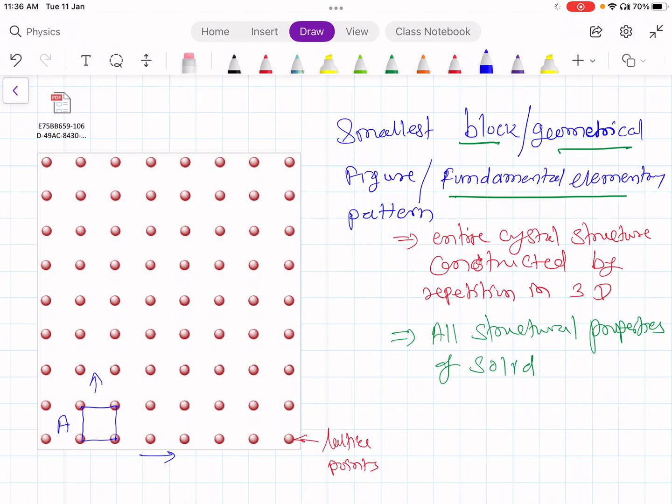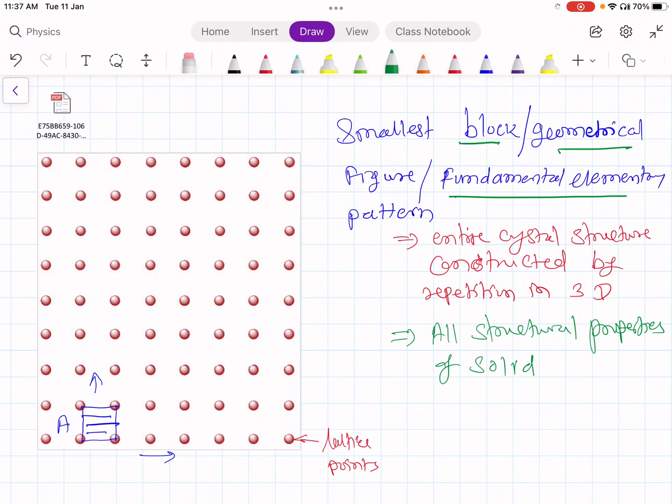But in an actual crystal, every lattice point is associated with one or more atoms. So repetition of these unit cells gives you the actual entire crystal structure. But in this case, since I am drawing a space lattice, if I repeat this unit cell in this direction, I will get the entire space lattice.